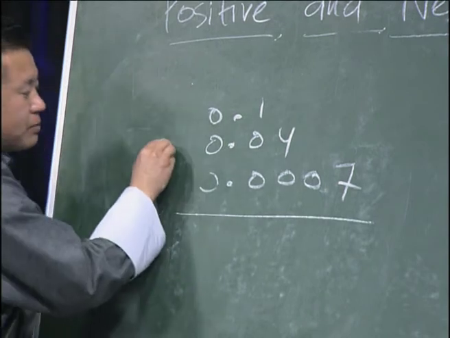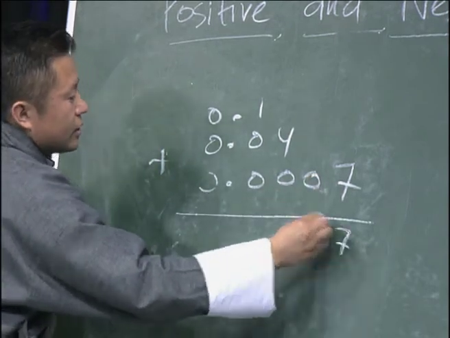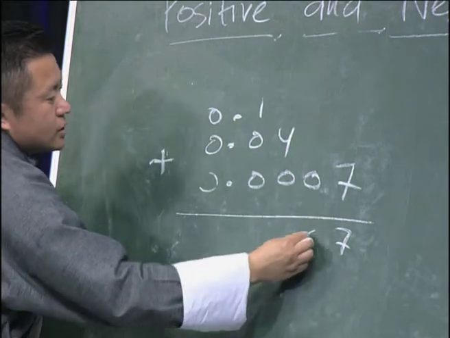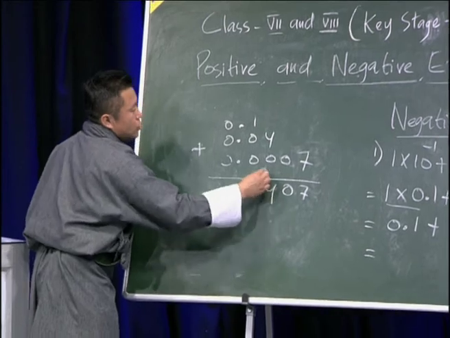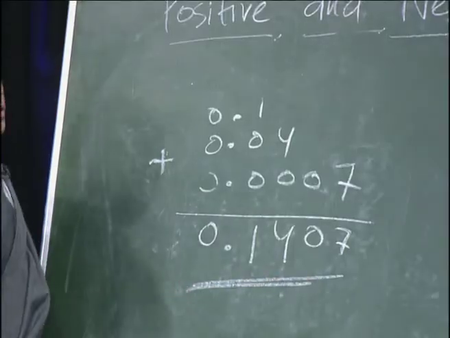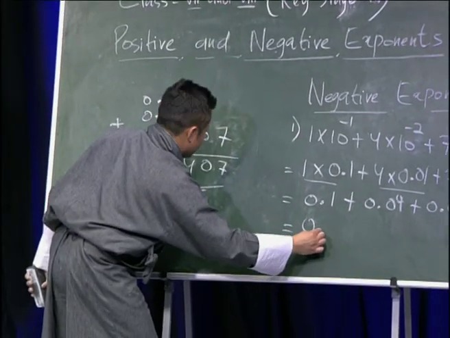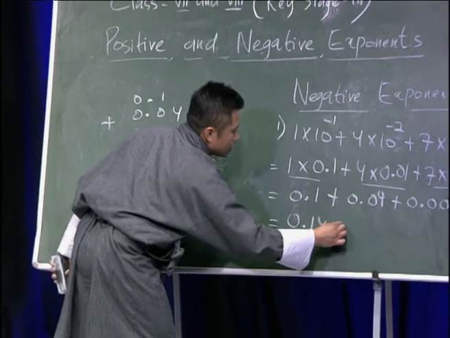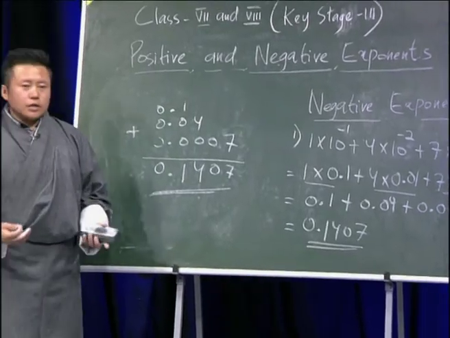Then only your answer will be correct. 7, 0, nothing is there. Okay, 4 plus 0 is 4, 1. So when you add these decimal numbers, you are getting 0.1407. And this is how we solve the negative exponents.